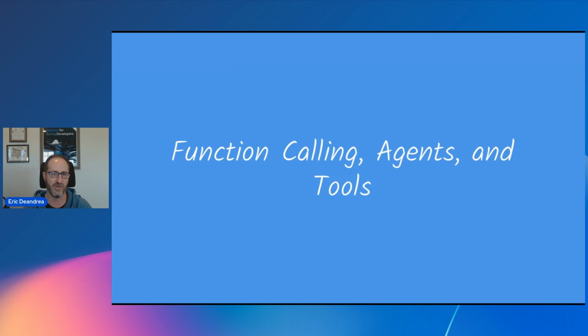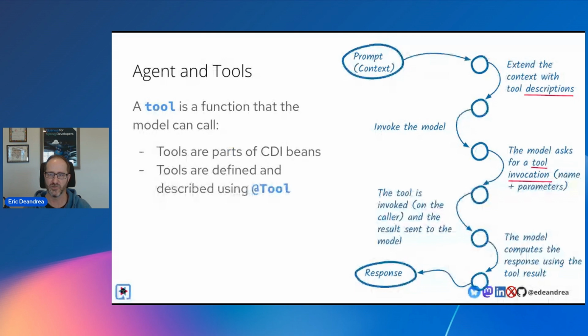We'll call that function calling, we'll call it agents, we'll call it tools. There's a lot of different names that people use for this. When we talk about agents, tools, functions, or any of that, it's essentially a way to give the model access to stuff, to be able to do operations that it doesn't necessarily have access to do.